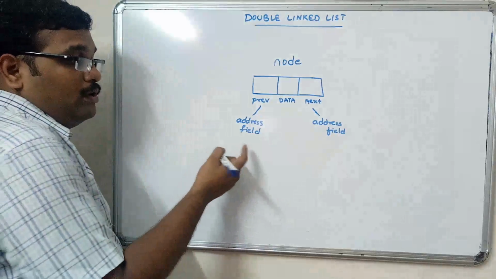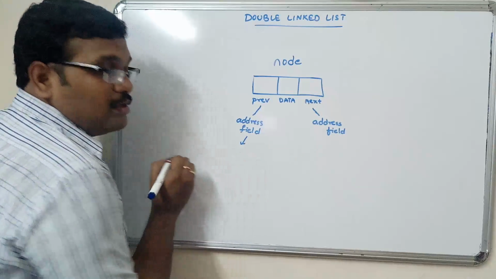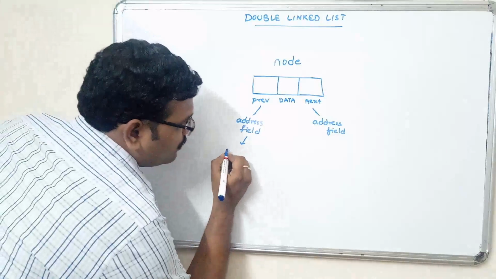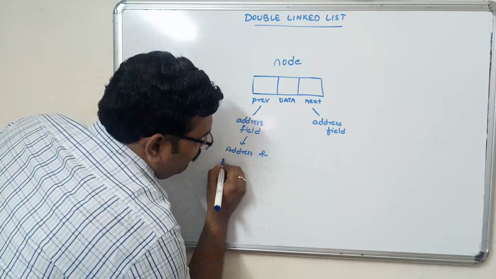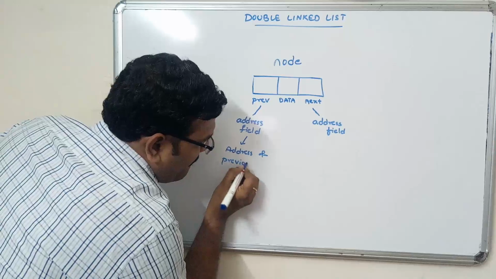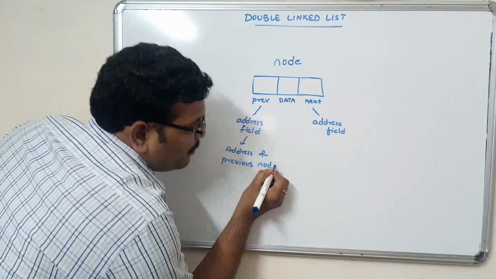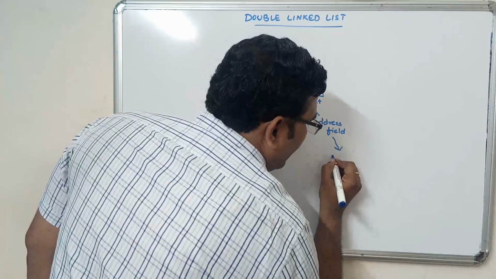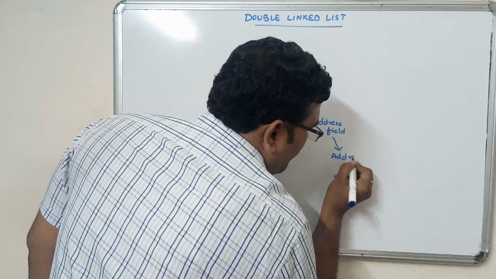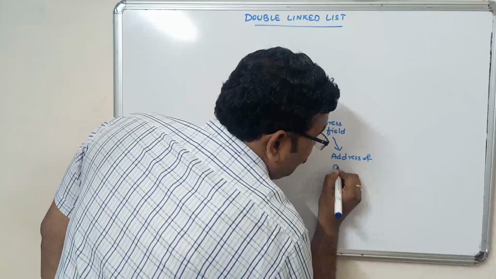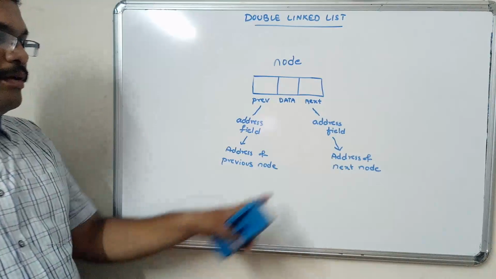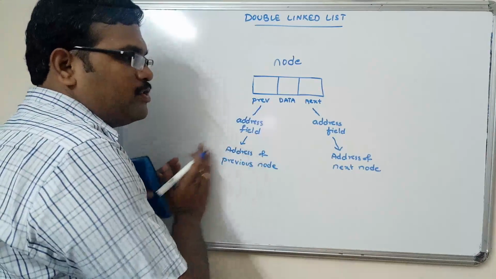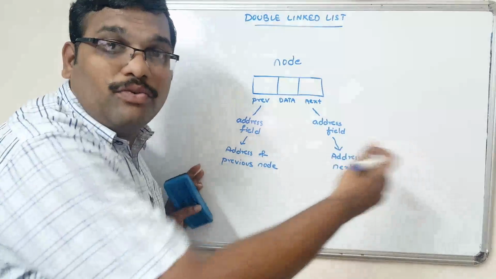This stores the address of the previous node, and this holds the address of the next node.